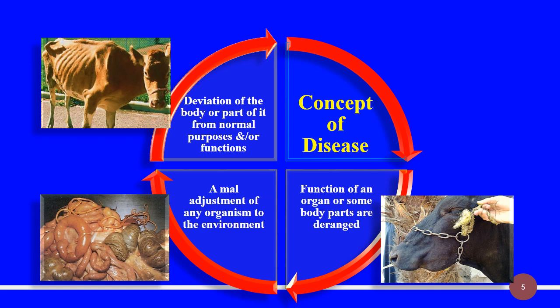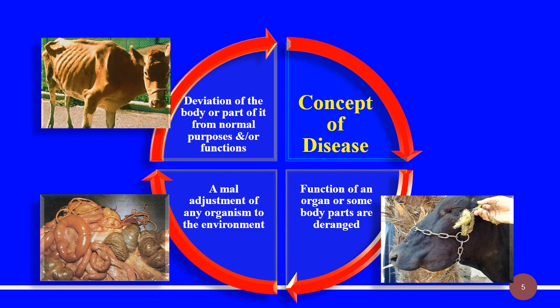So, the concept of disease can be summarized as a function of an organ or tissue or some body part being deranged. Here is a picture of a cow with lumpy jaw, where this disease alters the mastication and movement of the jaws, or a maladjustment of any organism to the environment.